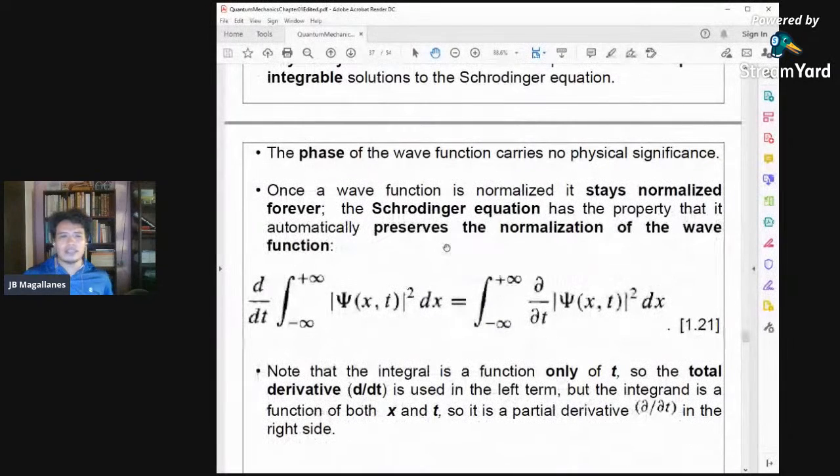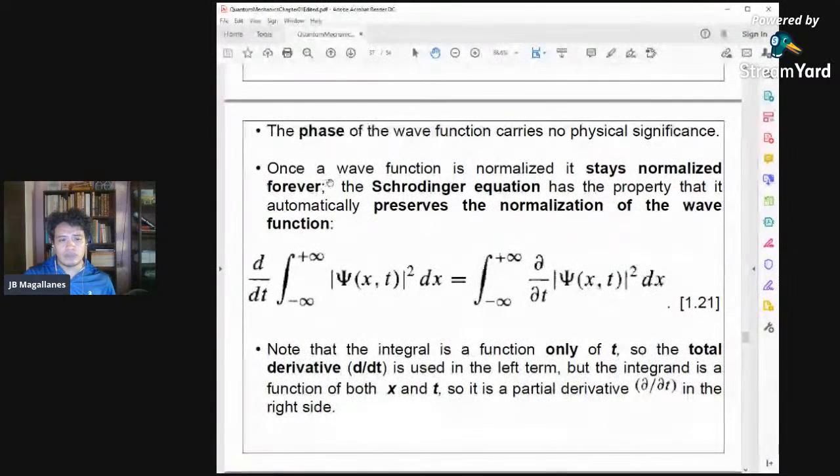By the way, some wave functions have a phase or angular part. The wave function is like a wave, and the wave is caused by some phase part.